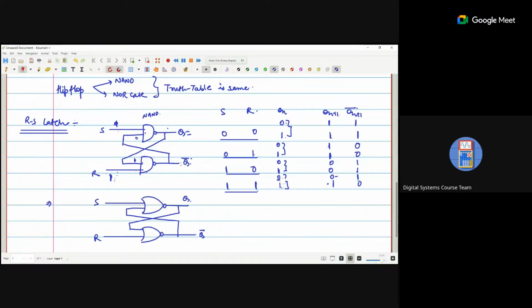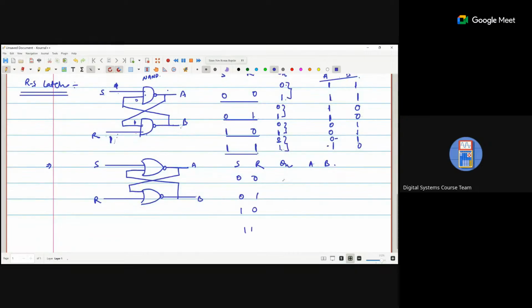We are saying that the outputs are A and B. Now SR, QN, output A. Now it is 0 0, 0 1, 1 0 and 1 1.